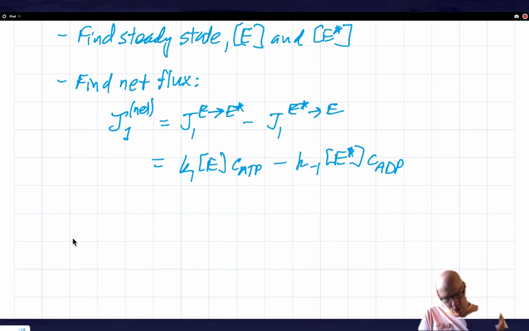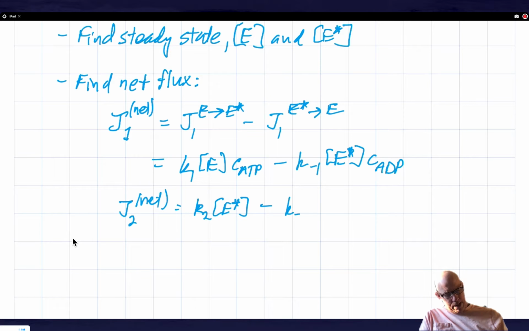I will also note that J2 net is going to be equal to K2 times E star minus K minus 2 times E times Cp.